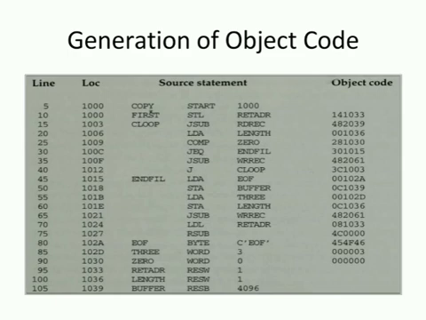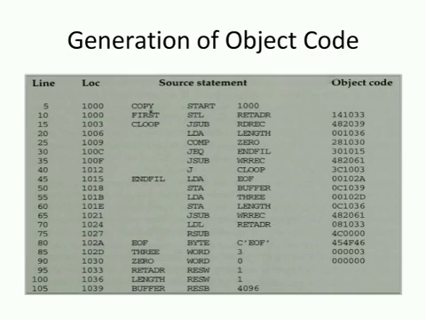Again, each instruction has an instruction length of 3 bytes. So 1006, 1009, and 1009 plus 3 will be 100C, because 9 plus 3 is 12. As you know, these are hexadecimal numbers: A means 10, B means 11, and 12 means C. So 100C, and so on the values will be incremented. So, remember one thing.